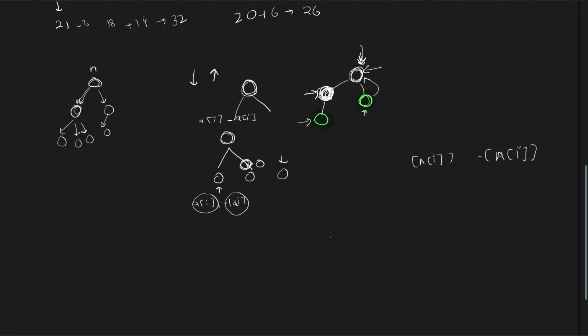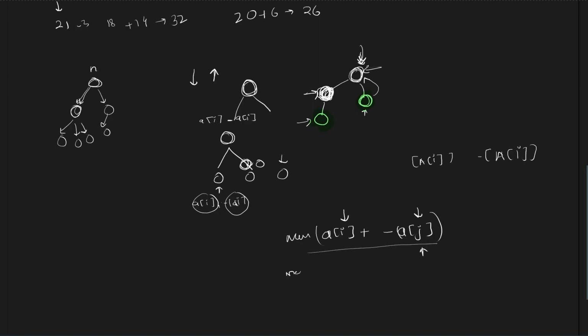At any of the nodes, if I am taking the first value, then the answer will be a of I plus negative of a of j, where j are all the children. We have to take the maximum value among all the children. So if I is the node and j are its children, we have to take the maximum value of this expression among all its children.